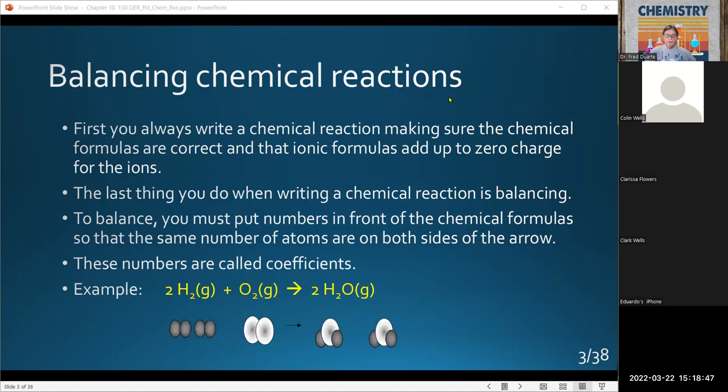Another way to show it is using the space-filling models here. You can see here that we have 4 hydrogens, and they happen to be 2 molecules of hydrogen, in the form of diatomic hydrogen, right? And then we have 2 oxygens. When the reaction proceeds, we now have two molecules of water, okay?